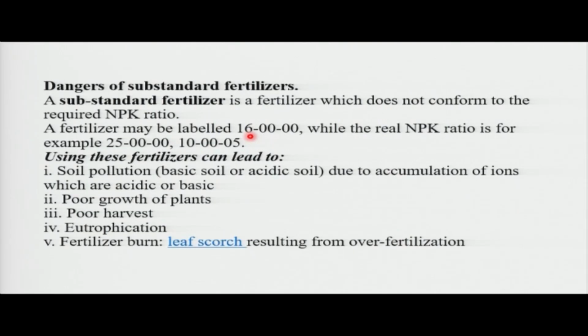So after the calculation, and we can do this in molar concept, though we are not going to do it here because of time, this fertilizer has 16 of nitrogen, then phosphorus is 0, and potassium 0.